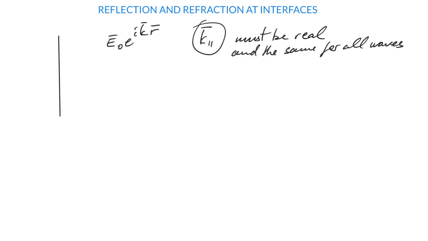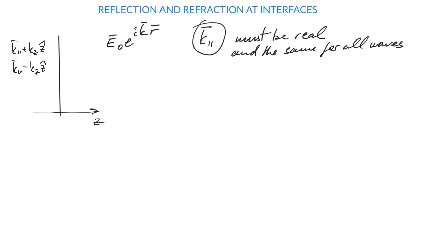In a given region, on the left or on the right of the given interfaces, there may be two solutions of the wave equation with the same value of k parallel. They will differ in the signs of the normal component of the wave vector, which we call the z component. So in each region, we'll have two waves with k parallel plus kz and same k parallel minus kz, generally speaking.